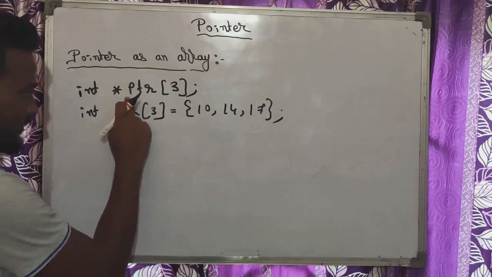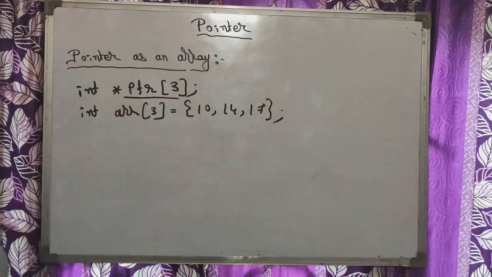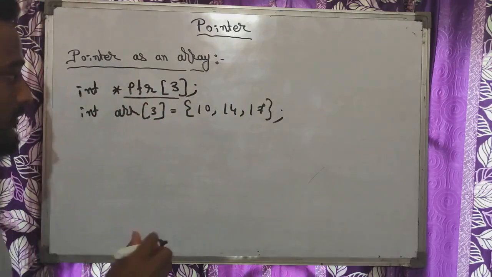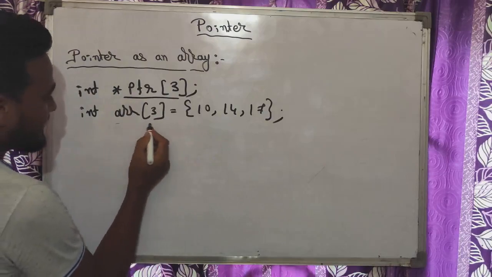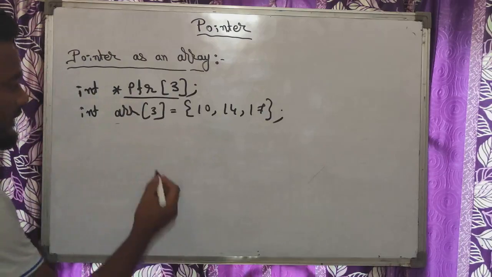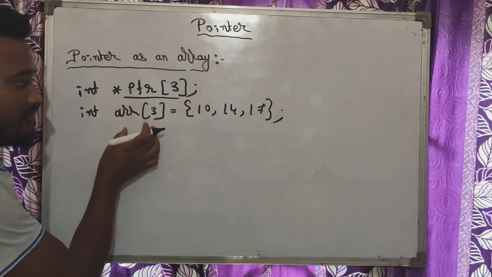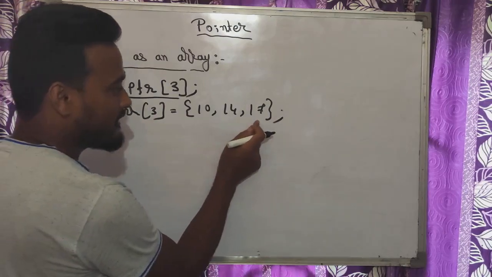That means here this ptr now is having 3 pointer variables. In this statement, we are declaring 3 pointer variables. And what about this? This is an array variable. That means there is again a collection of 3 variables, and these 3 variables' values are 10, 14, 17.